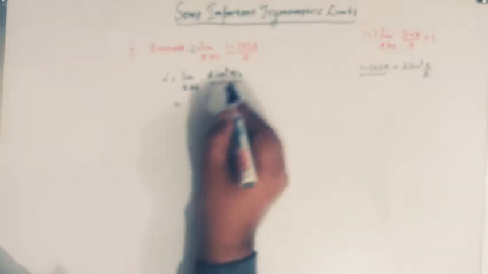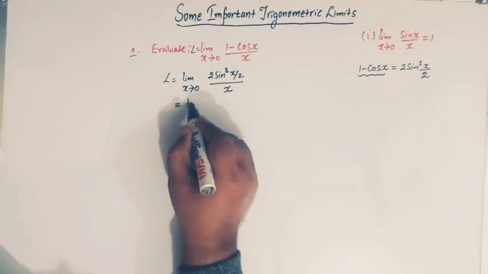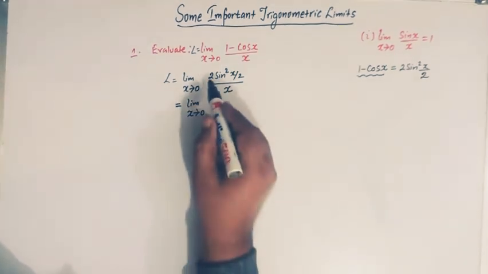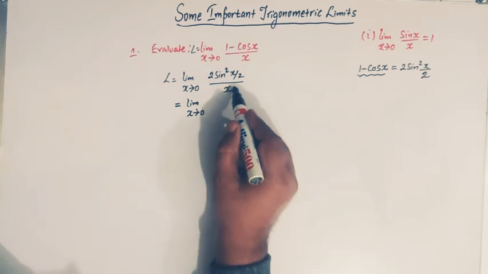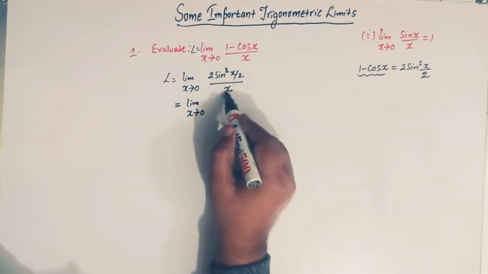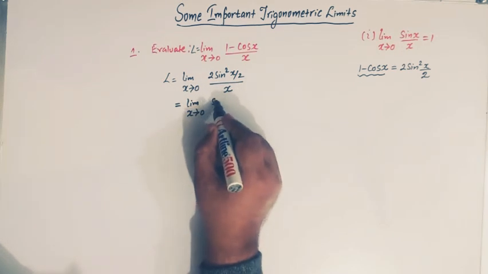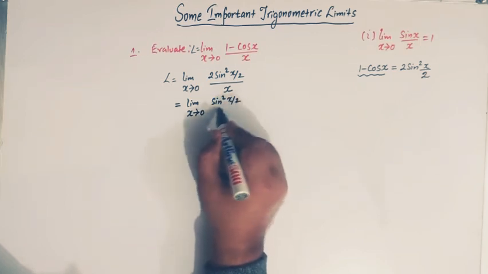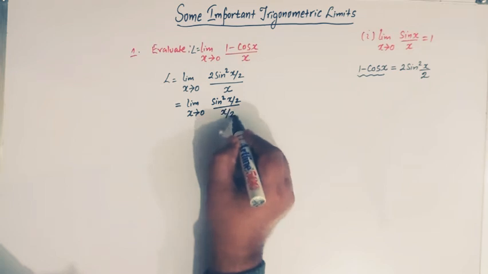Now this expression can be written as limit x tends to 0, and taking this 2 to the denominator of x, we can write it as 2 sine square x by 2 divided by x by 2.